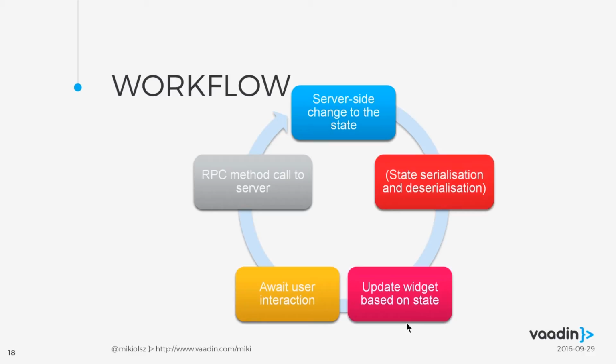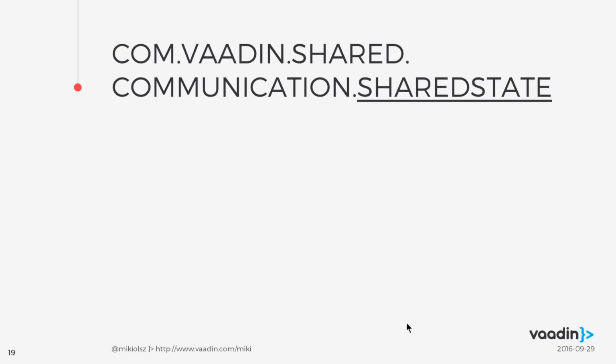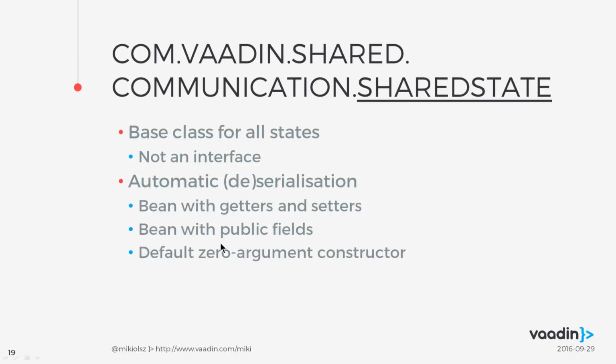A few notes about the shared state. It's a base class. You can make it either as a bean, a Java bean that has getters and setters, or you can have public fields, which you can then directly reference. The caveat is that you need to have a zero-argument constructor to your shared state.